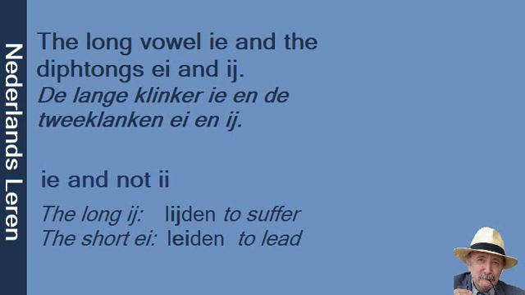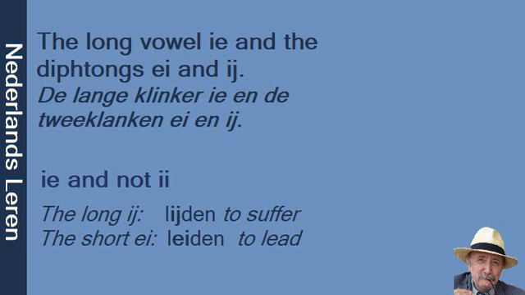Then about the two sounds, the diphthongs EI and IJ, or the short EI and the long IJ. This is, even to us Dutch, too much confusion. Sometimes you need to look it up in the dictionary.